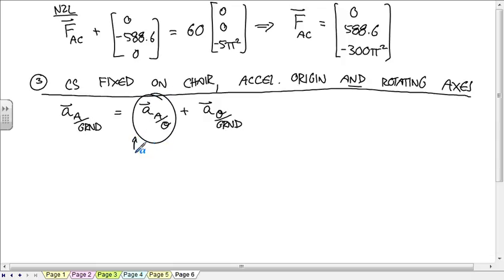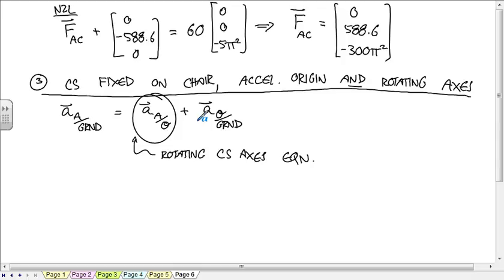This is going to come from our new equation, the rotating coordinate system axes equation. And then this, we're going to have to come up with separately, but it's easy.